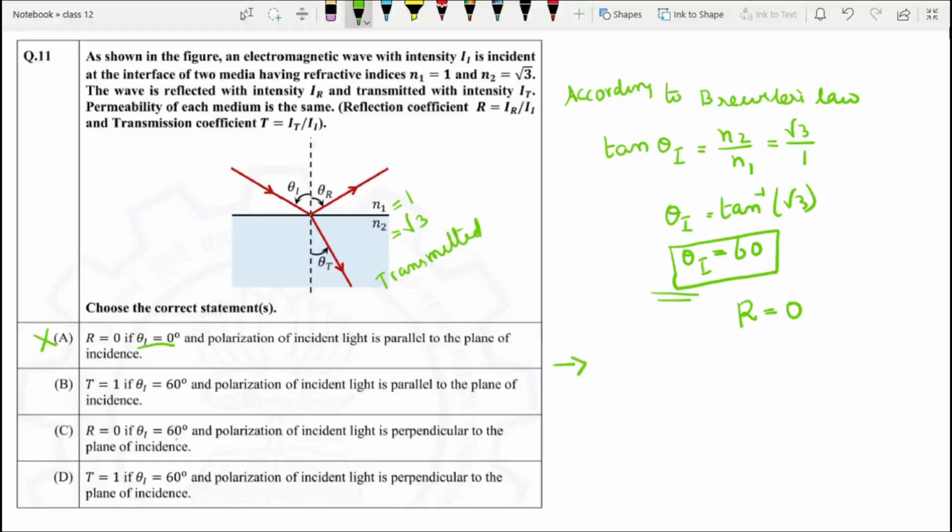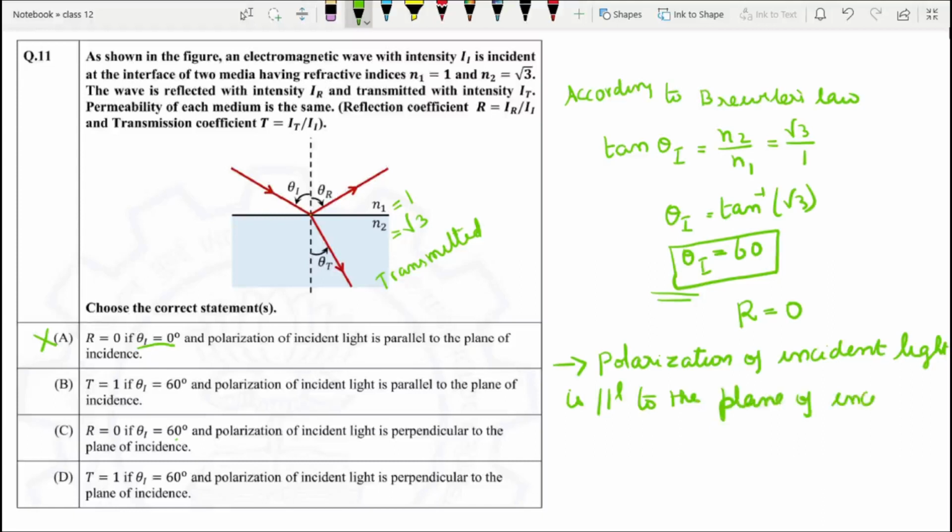We know that when polarization of incident light is parallel to the plane of incidence, then R is equal to 0 and T is equal to 1. So when the polarization is parallel to the plane of incidence, T is equal to 1. So this option is a correct one.